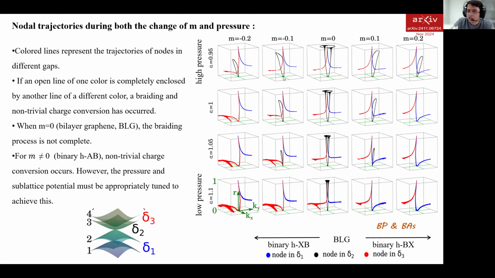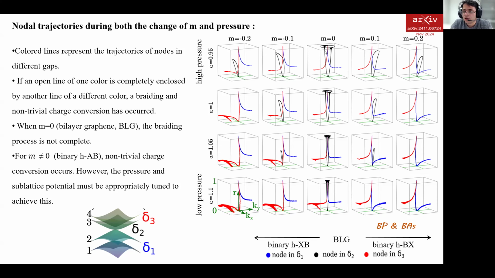For example, at the beginning we have two Dirac nodes, and then this is a quadratic band touching, and this is an AB plane, and they are decomposed into two Dirac nodes, and then by braiding using adjacent red Dirac nodes, they can come together and annihilate each other. So we find such a procedure can appear for many pressures and many sublattice potentials.